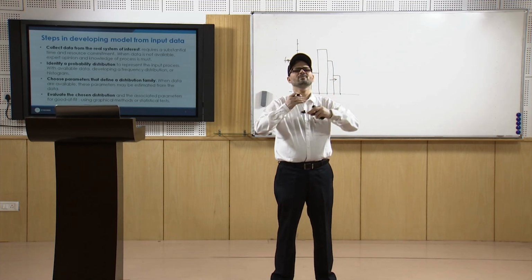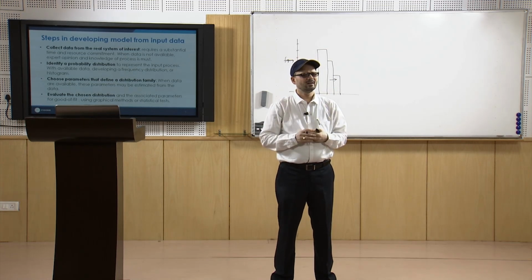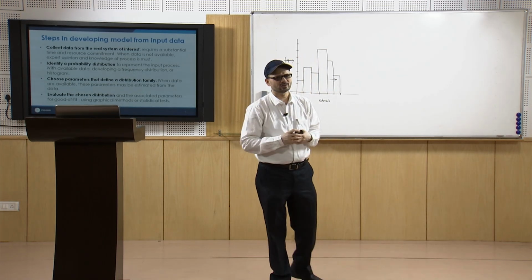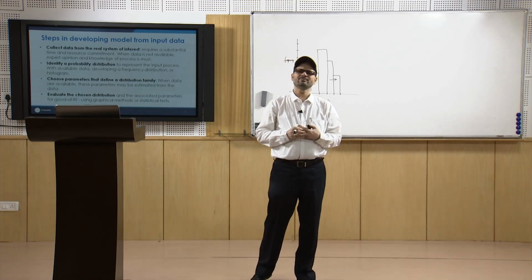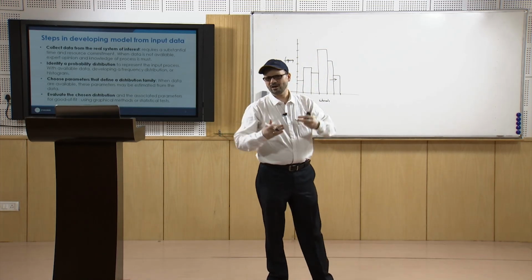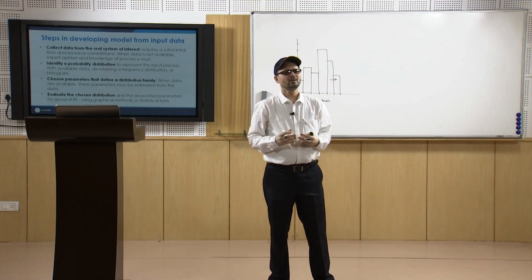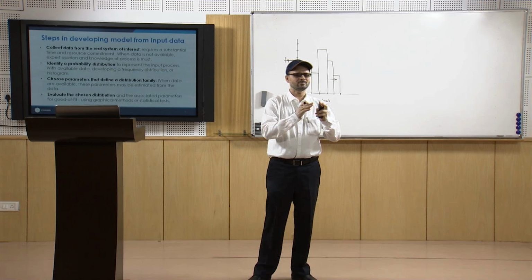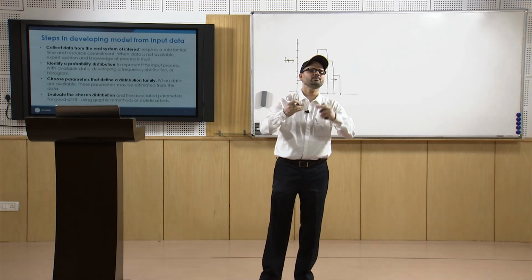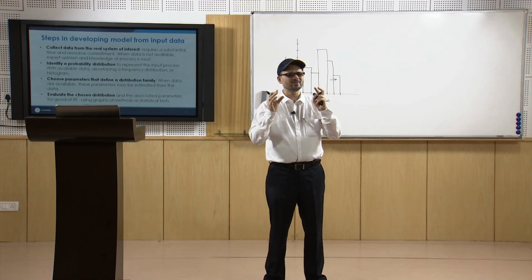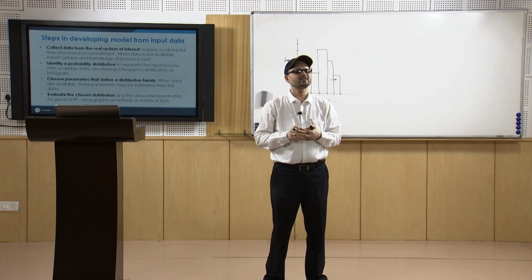For any distribution there are associated parameters, like alpha in the case of the Poisson distribution, lambda in the case of the exponential distribution, and alpha, beta and nu in the case of other distributions, where you have three parameters: shape, scale and location. So, these are the parameters which you have to define and estimate from the data.